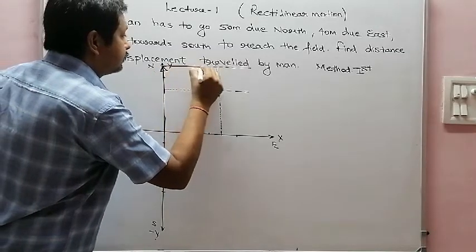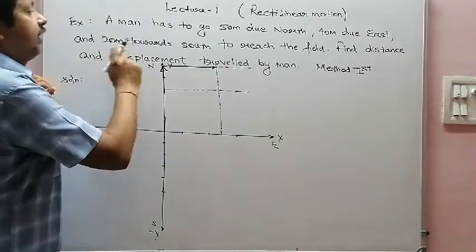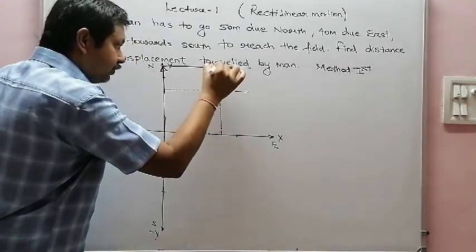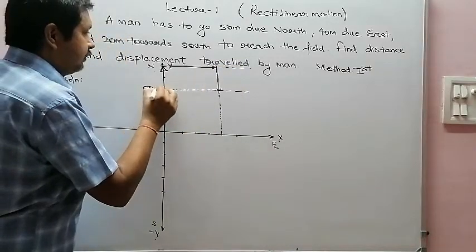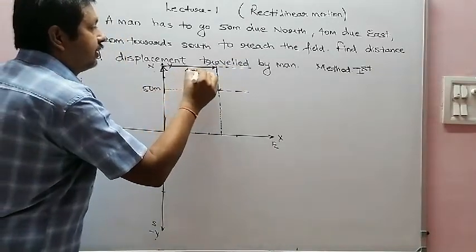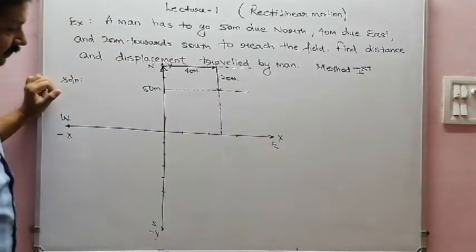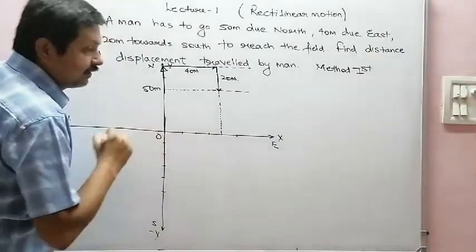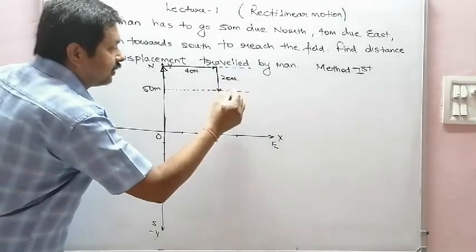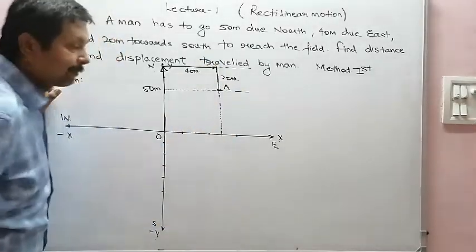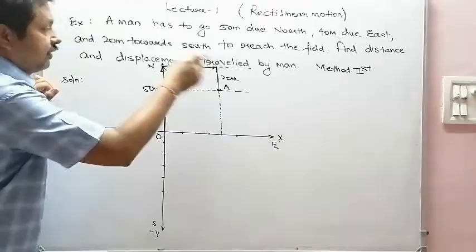Then 20 meter towards south. So this is 50 meter, this is 40 meter, this is 20 meter. Let this be the initial position, O, and this is the final position, A. So the man is moving from O to A via this path.